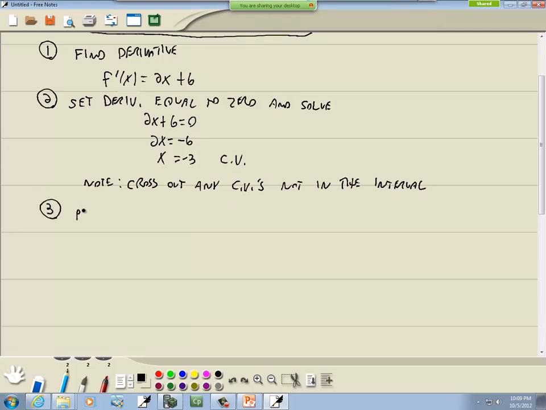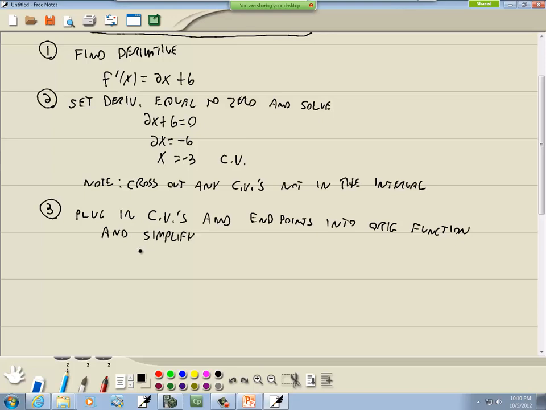Step 3, plug in the critical values and the endpoints into the original function and simplify.